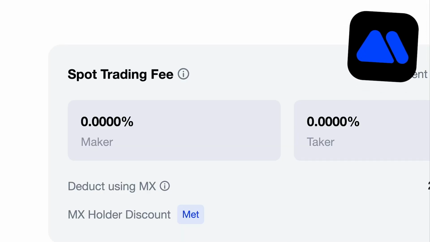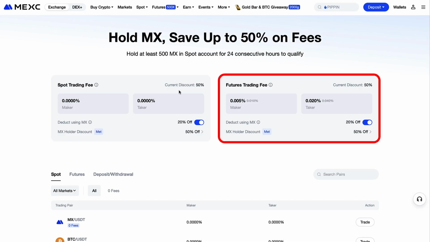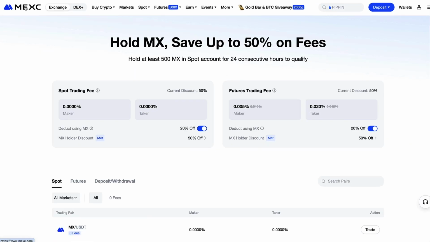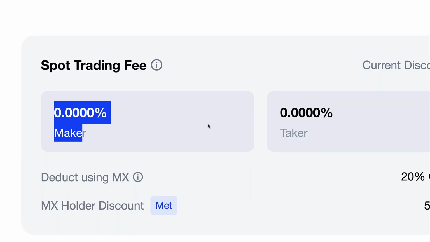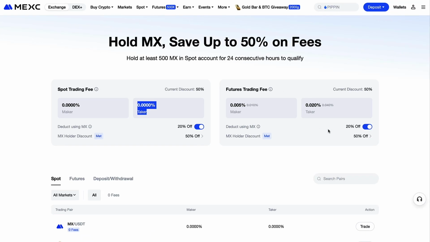That being said, let me give you also another alternative platform with lower trading fees, specifically for spot and futures, and that is called MEXC or MEX. You can see here that the spot trading fees at the moment of recording this video are zero maker and zero taker, so literally zero fees.